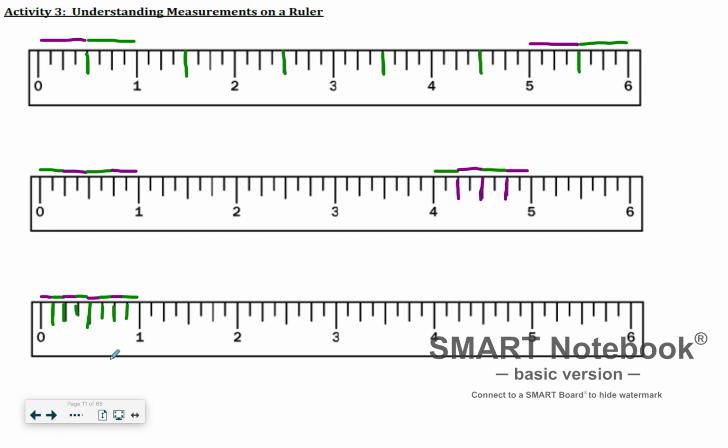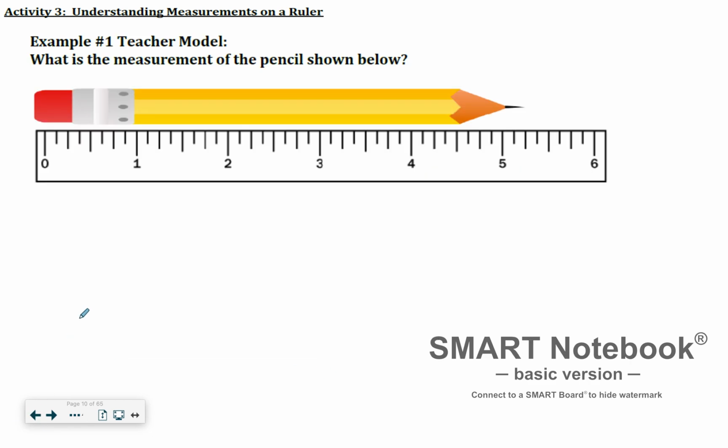Rulers have these additional tick marks to help us measure objects more precisely. So looking again at the pencil I am measuring, let's go back. Rather than saying this is a little more than 5 inches, I can give a more exact measurement. If I line up the tip of the lead with the ruler, I'm landing on a 1/4.